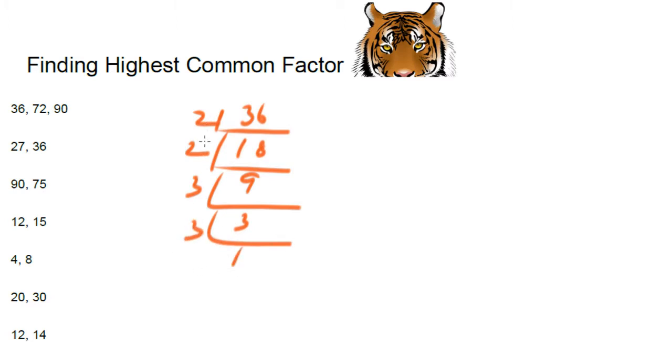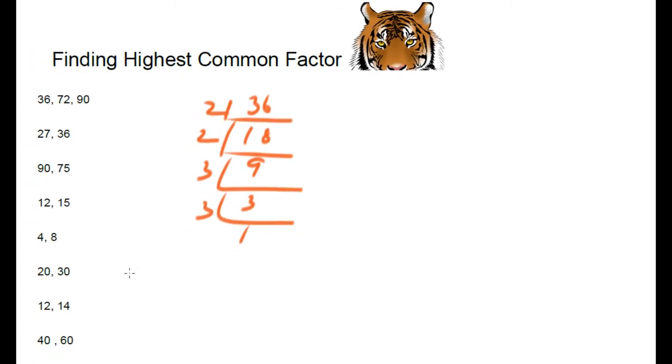So all these numbers now are prime numbers and these are prime factors. So 3 times 3 is 9, 9 times 2 is 18, 18 times 2 is 36. So we have found the prime factors of 36.